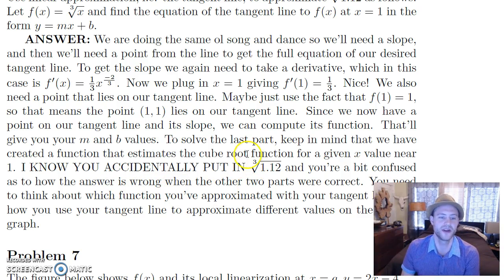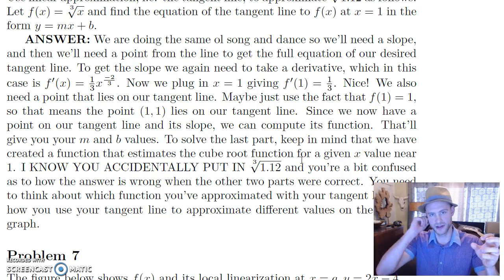Well, if you put in cube root of 1.12, I don't know what that number is. Do I have a calculator nearby? No, but that's what you would be estimating if you put that into the thing. The cube root of 1.12. We have a function which estimates cube roots already. So you would be estimating the cube root of 1.12 if that's what you put into your estimate.